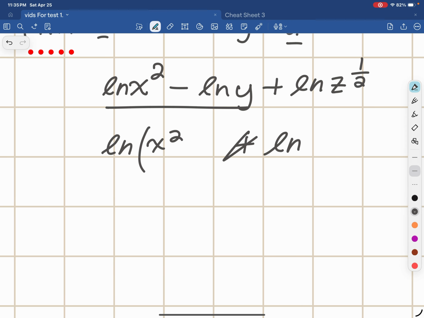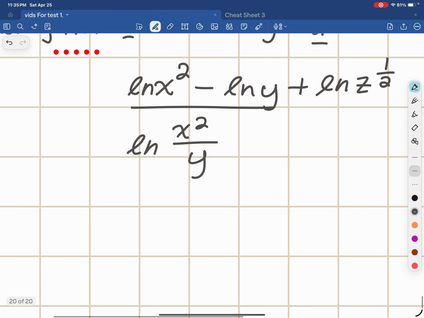That is a mistake on my part. So we should have ln of x squared over ln of y. Oh, nope, all over the place, my apologies.